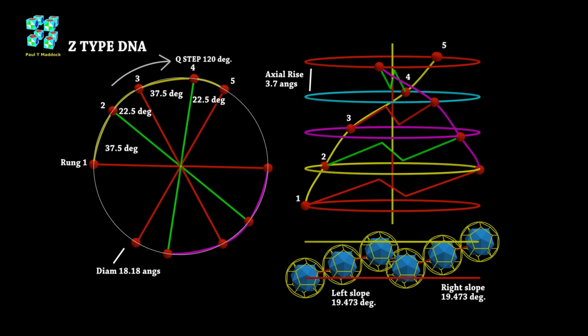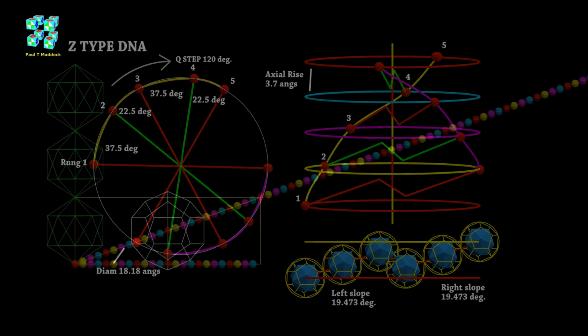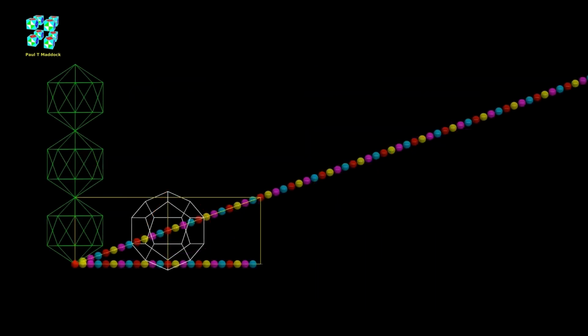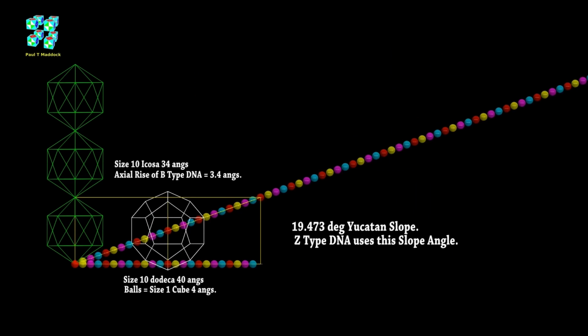I think I better bring that anim in to show you. Now what you have in front is a 19.473 slope, a Yucatan slope. Now I show a dodeca in front, a size 10 dodeca, and a size 10 icosa. Now the diameter of the colored balls are equal to a size 1 cube, which is 4 angstroms.